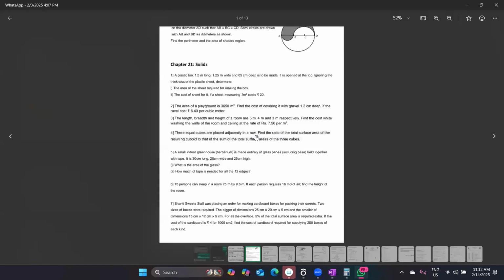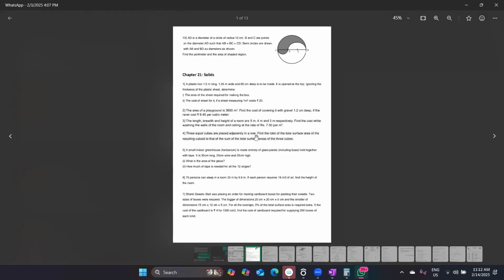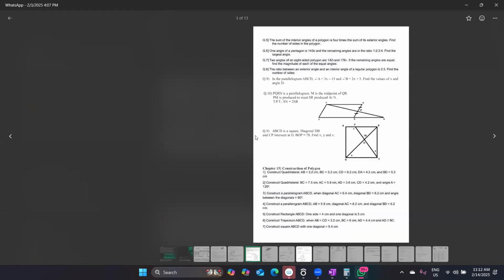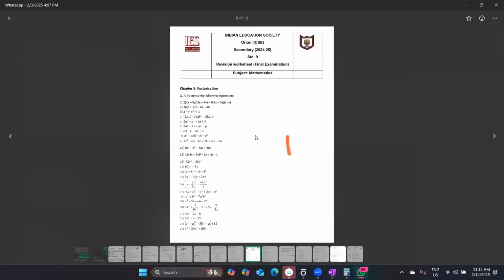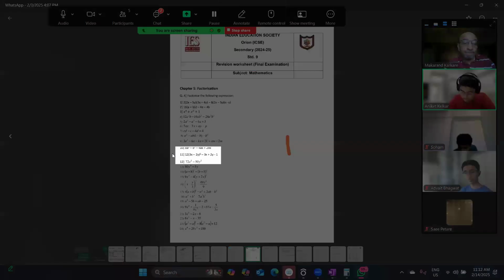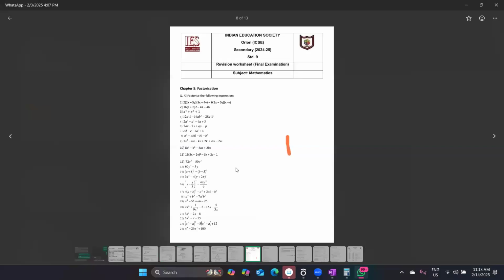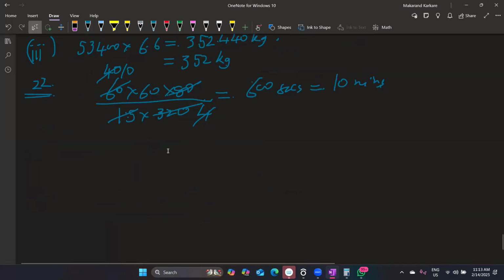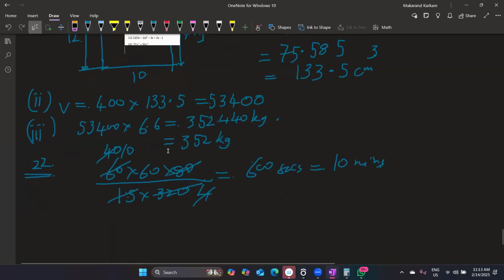Do you remember the question number? Yes, sir. Factorization question number 11.